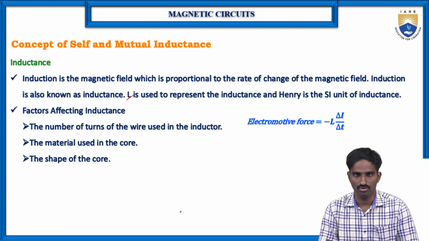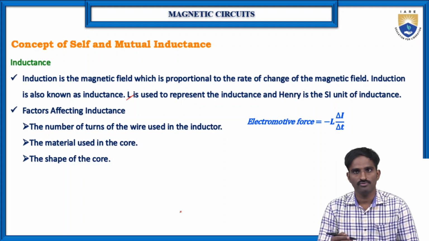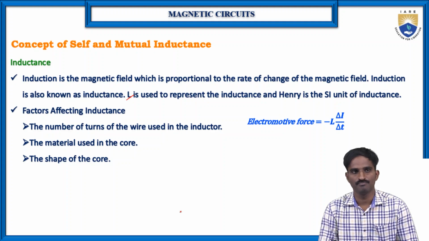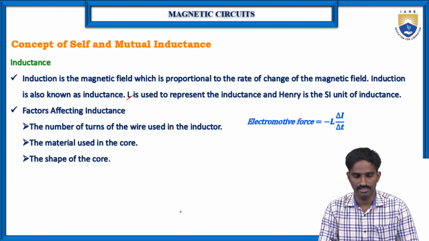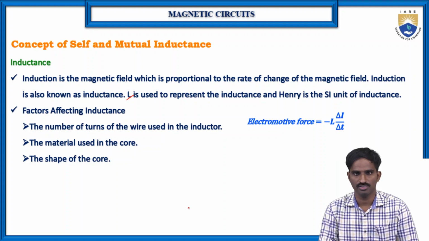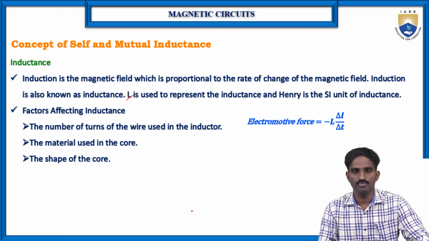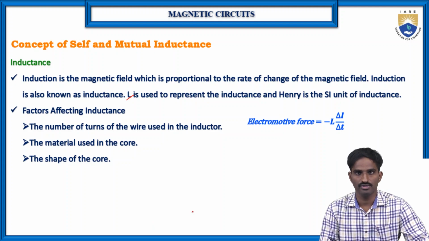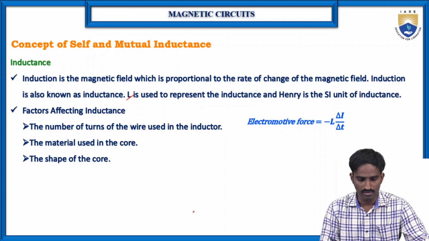So the amount of inductance depends on the number of turns of that coil, and also on the material used for the core. The core is the conductor used, and the inductance value also depends on the type of material used for the inductor, and the shape of the core also affects the value of the inductance.